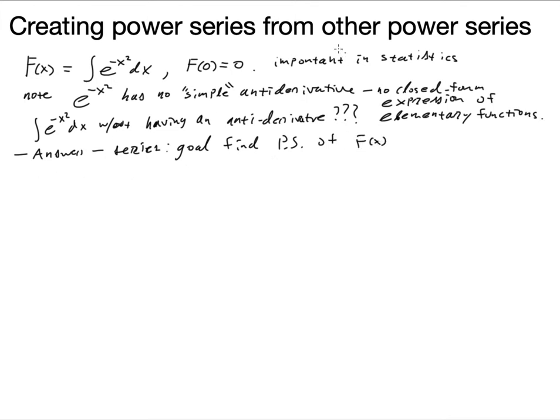And the whole point is we're going to create power series from other power series. We're going to use our fact that e to the x is equal to the sum of n equals 0 all the way up to forever of x to the n over n factorial. So the idea here is the following.